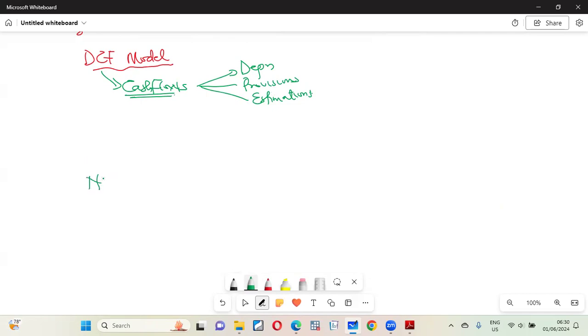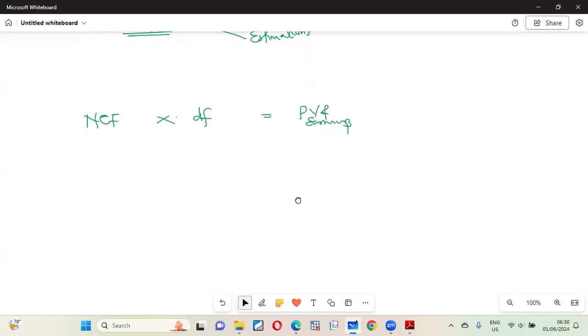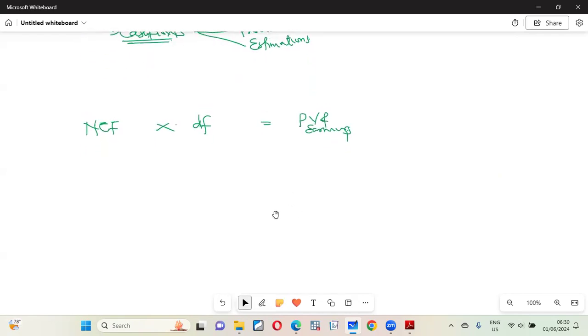Once you get the net cash flows, you apply the discount factor. So the net cash flow multiplied by the discount factor will give you the present values of the earnings, and that is the value of a business. If you want the value of the business per se, you do that.